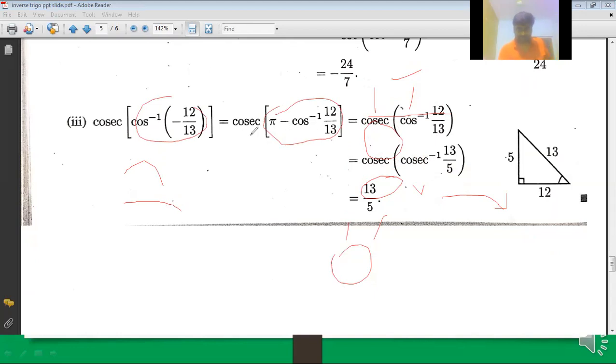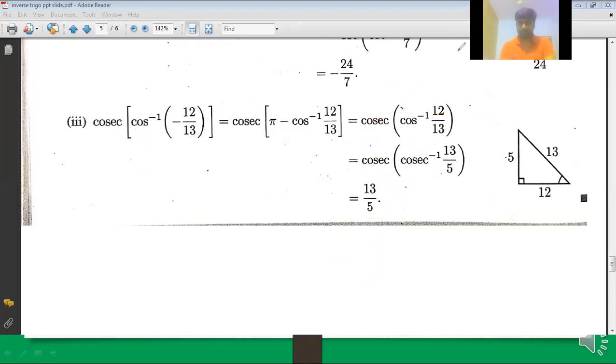Now, cosecant of 180 minus theta means cosecant theta. So now, outside cosecant, inside also we should write in cosecant by making a triangle here. So cosecant inverse, cosecant cancel there, 13 by 5 is the answer. Clear?